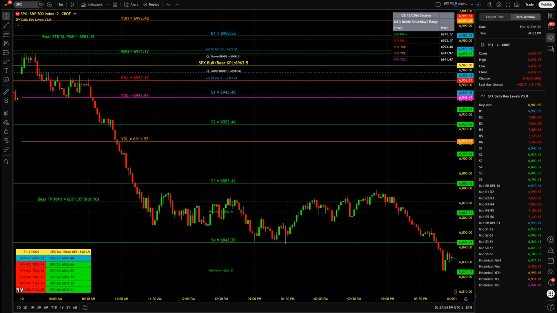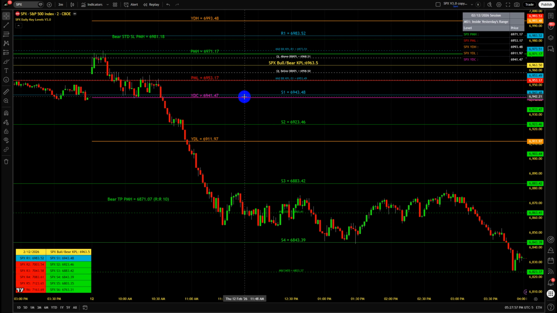The other thing I just wanted to show you is here we have again, like we looked at in the previous session, the PMH bear standard stop loss. That's this line here, 69.81, because we also had a wick through and close below the PMH, the pre-market high. And here we have a reward to risk setting of 10, comes down almost to the mid S3, S4.